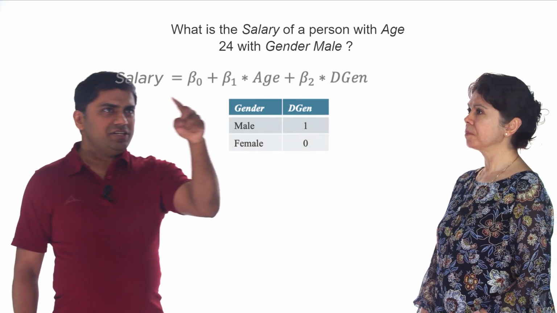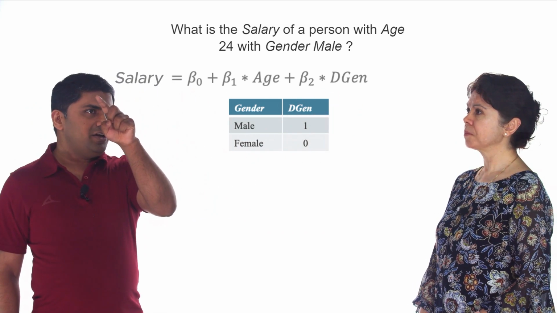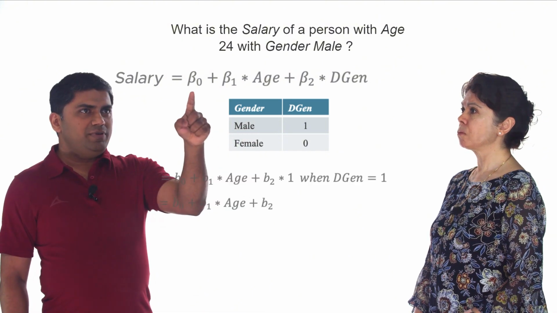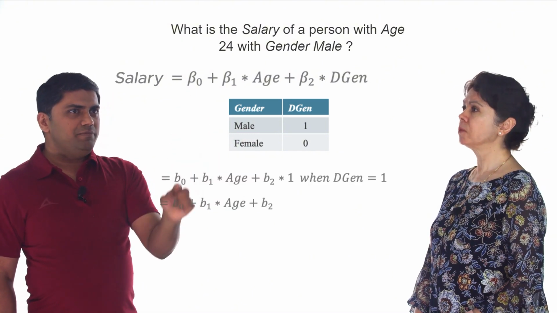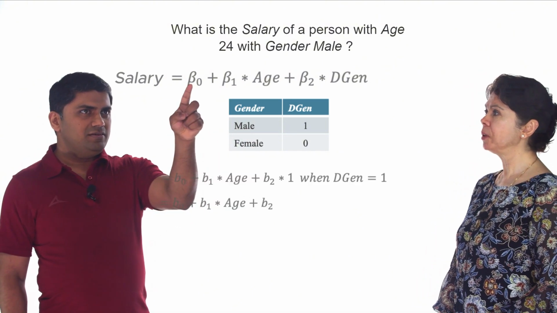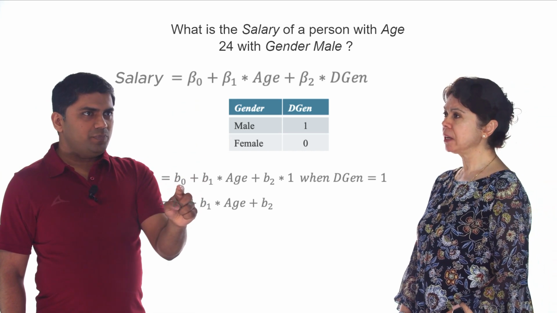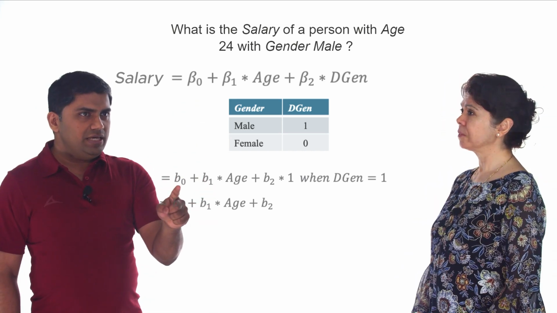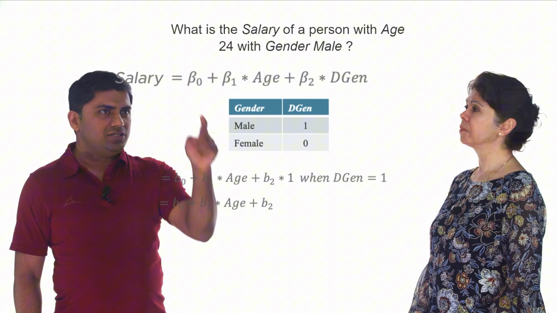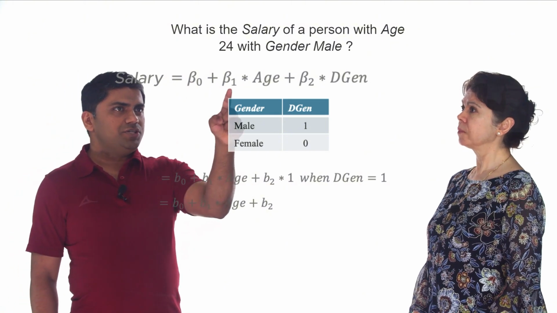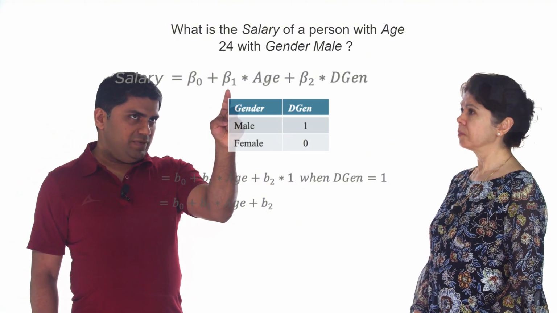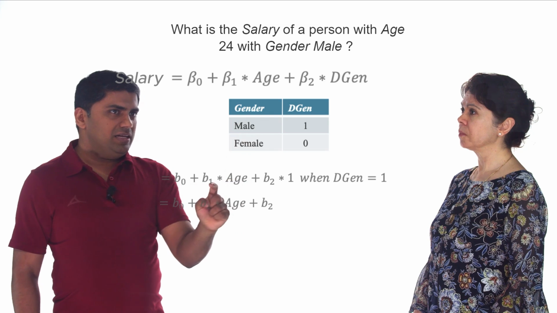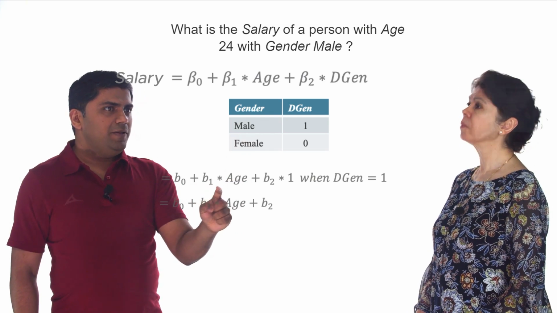This equation represents the salary of male. You remember what was the difference between betas and Bs? Yes, the betas were for the population and the Bs are for the sample. This B0 is the approximation of beta 0 and B1 is the approximation of beta 1.